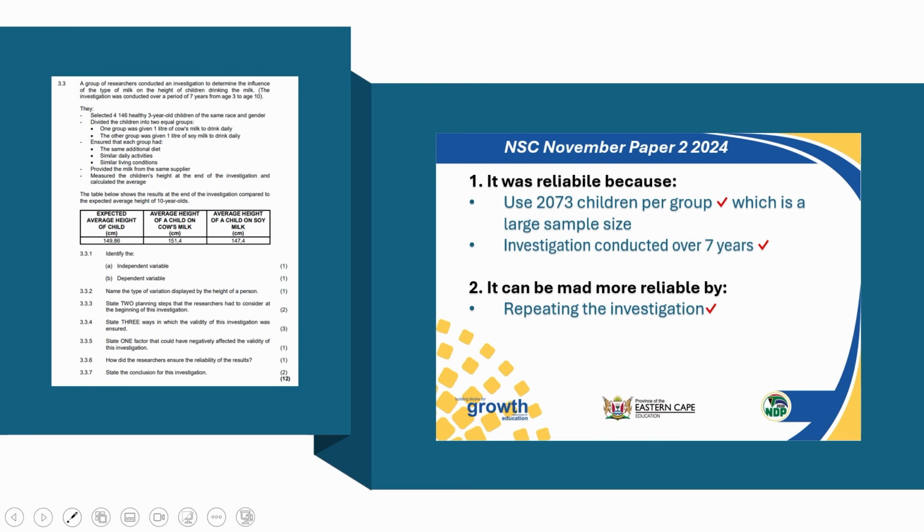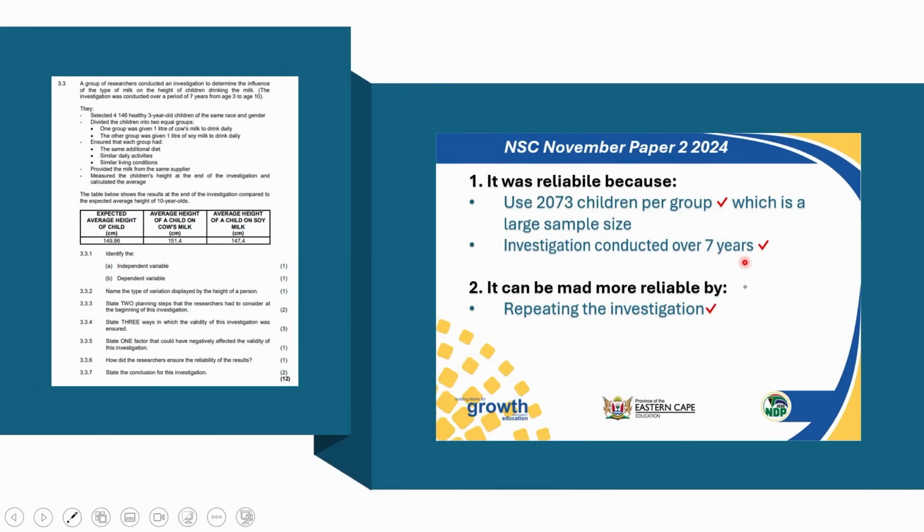In your question paper, it said 4,146 divided into 2 groups, so each group had 2,073 children in it. Remember we have to talk about the size of the group, not the size of the overall sample that we are taking. So we had a large number of children, 2,073 children per group, which is a large sample size.